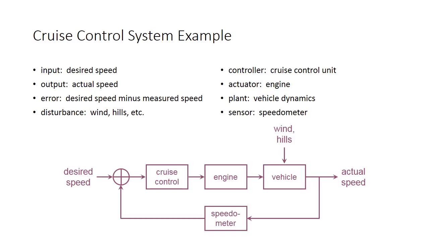As we go through the diagram at the bottom, we have the desired speed, your summing junction, cruise control, and then go to the engine, go to the vehicle, and in the vehicle you have a disturbance, which is your wind, your hills, and then your output, which is your actual speed. Then at the bottom it goes down through the speedometer and back in.